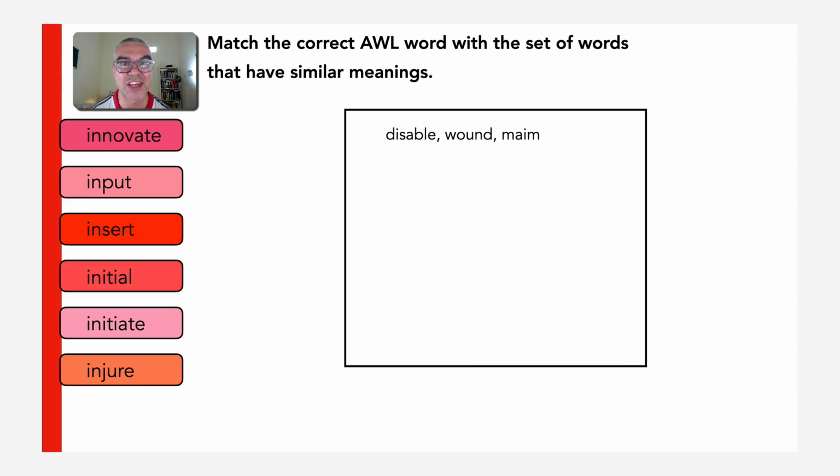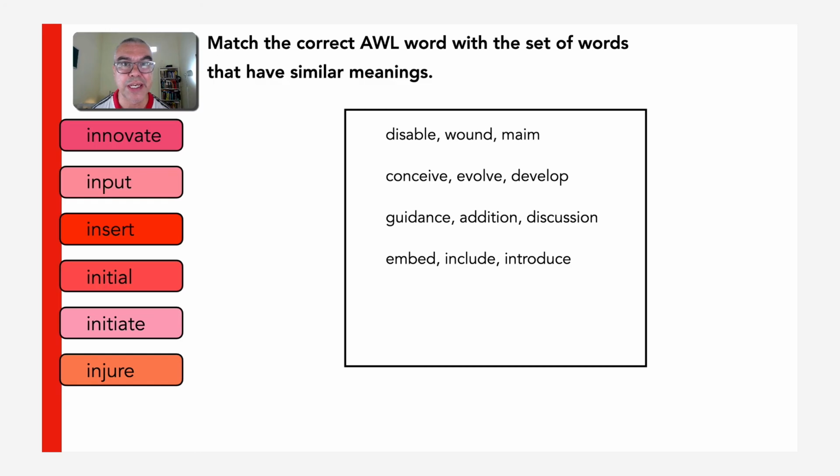Here is the first set of words: disable, wound, maim, conceive, evolve, develop, guidance, addition, discussion, embed, include, introduce, early, first, beginning, commence, launch, open. Can you match them up? Please stop here and think about it.